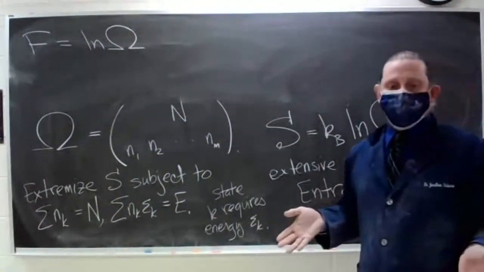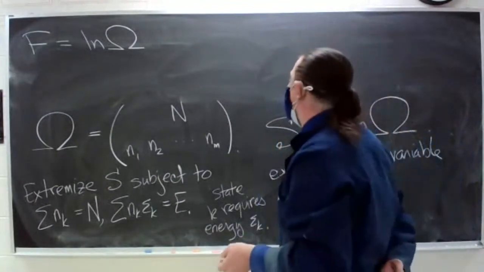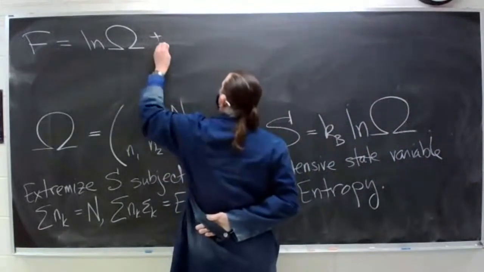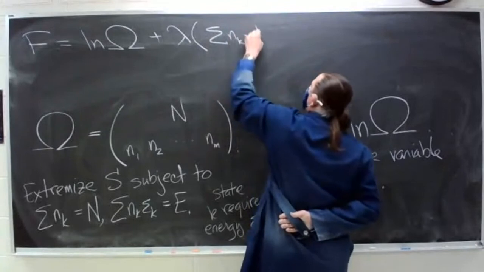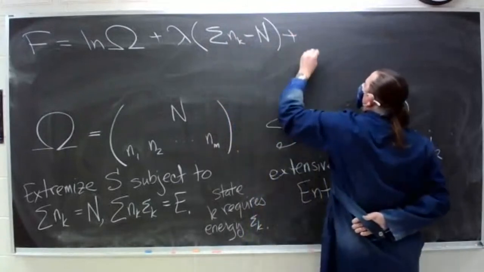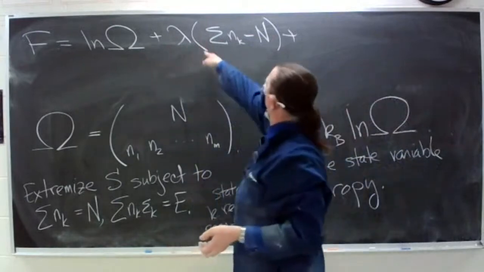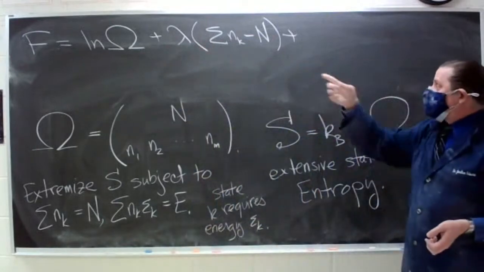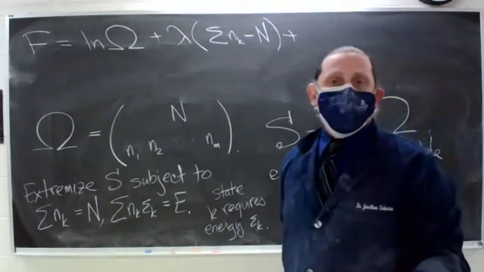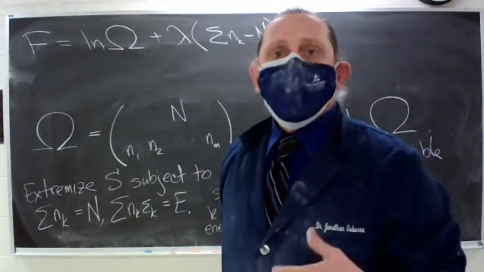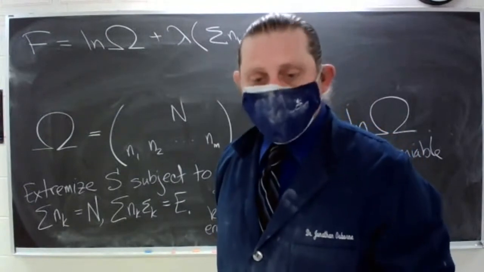It's just a constant, and I'd rather not write it for now. So I've got my log omega plus lambda times the sum of the mk's minus capital N, plus I need another Lagrange multiplier. It's standard to use the next letter in the Greek alphabet, which is mu.